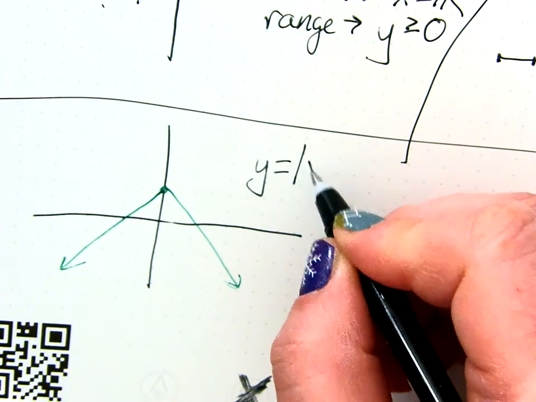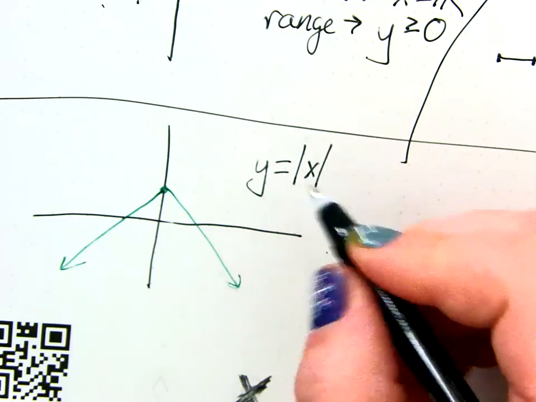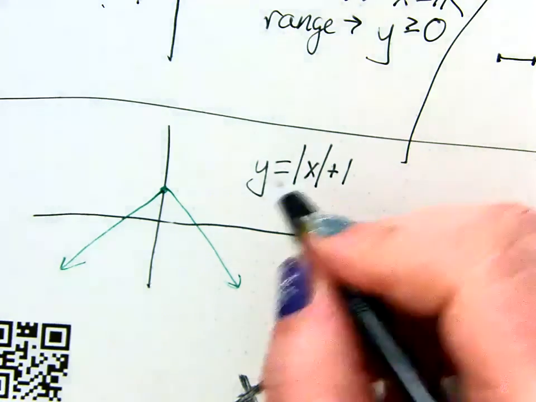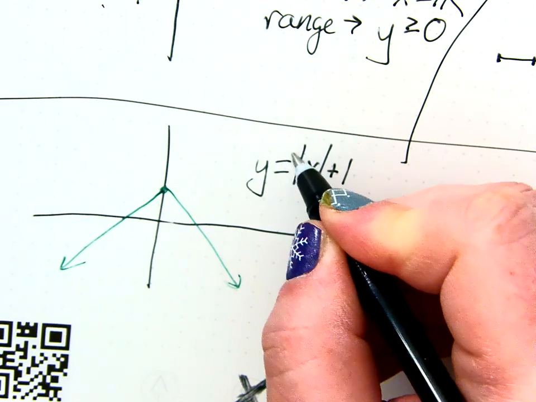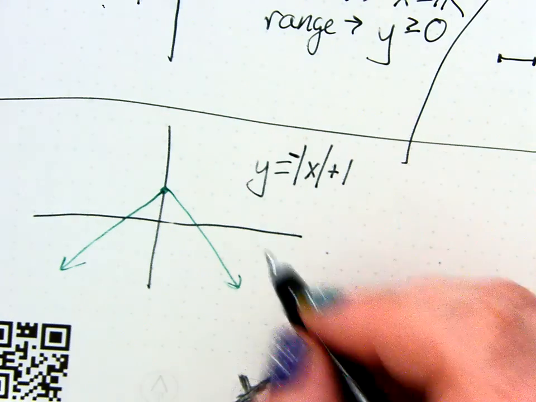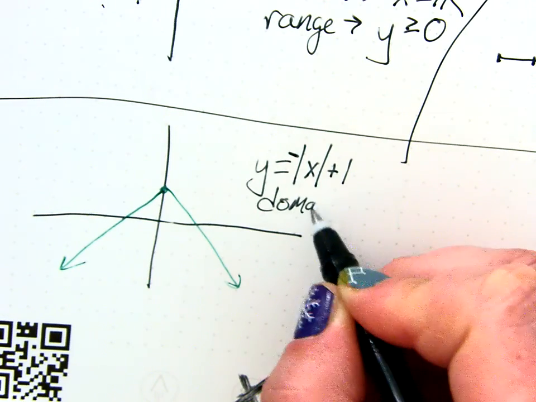Y equals absolute value of x, and then, oh wait, what else do I need besides the plus 1? I need a negative out in front because it's all flipped upside down, right? So I need a negative right there. So there's my equation. Domain would be what?